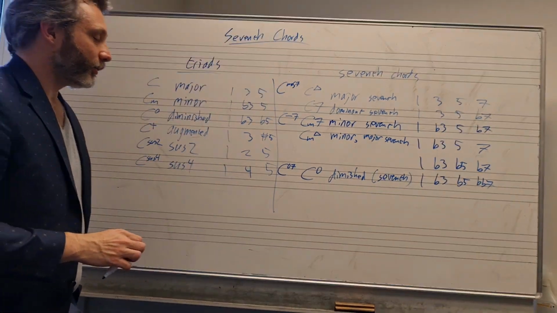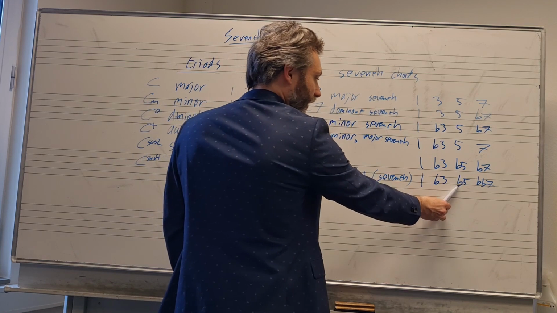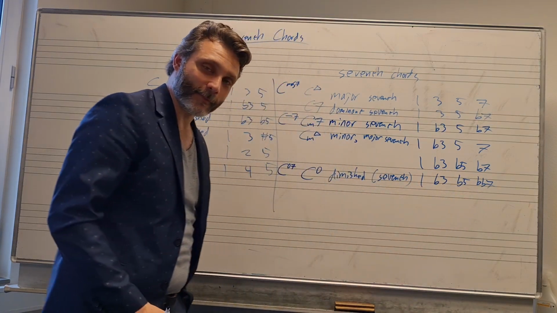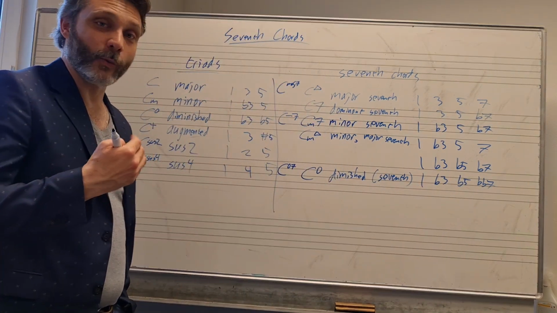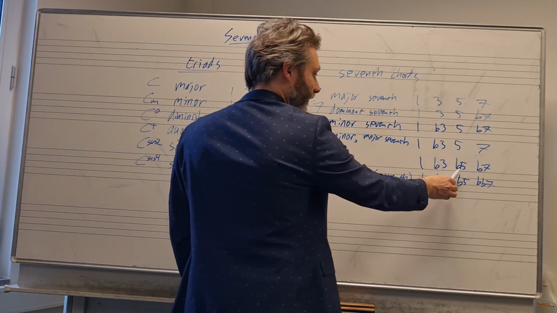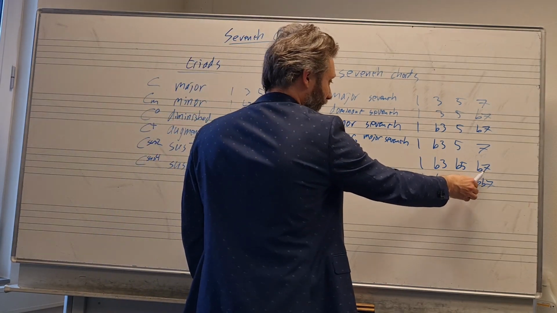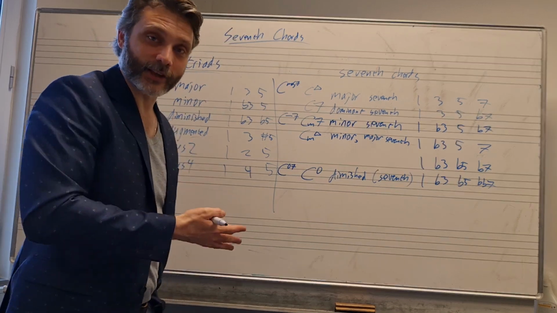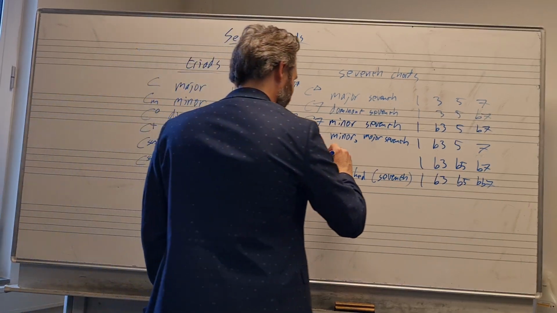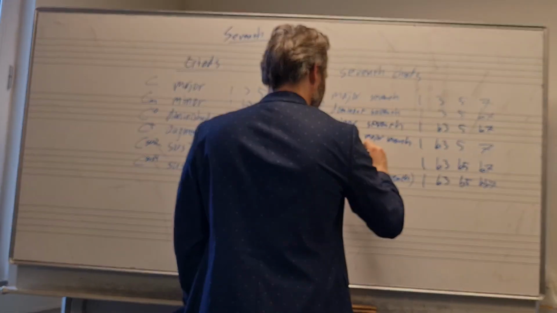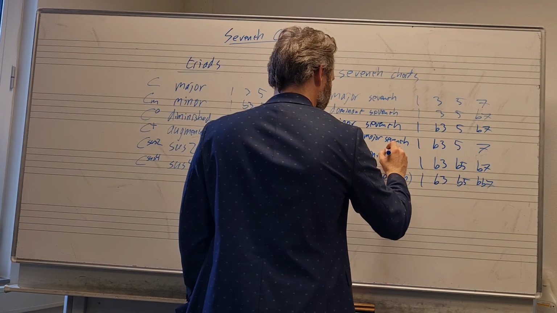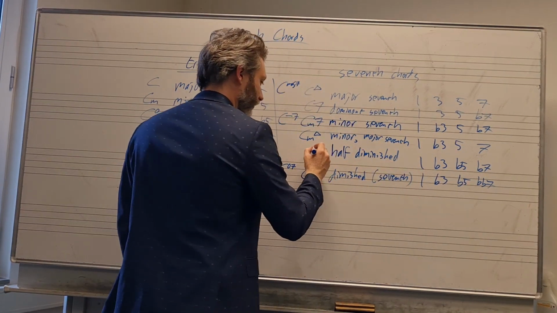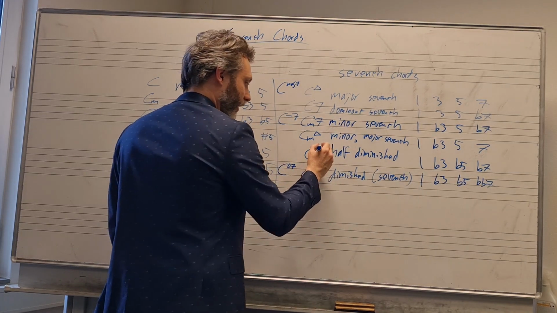Okay? We have a diminished fifth and a diminished seventh. If we only have one of those two, a diminished fifth but not a diminished seventh, just a basic minor seventh, then we've got a half diminished chord. Okay? Half diminished. So we get the diminished symbol and cut it in half.